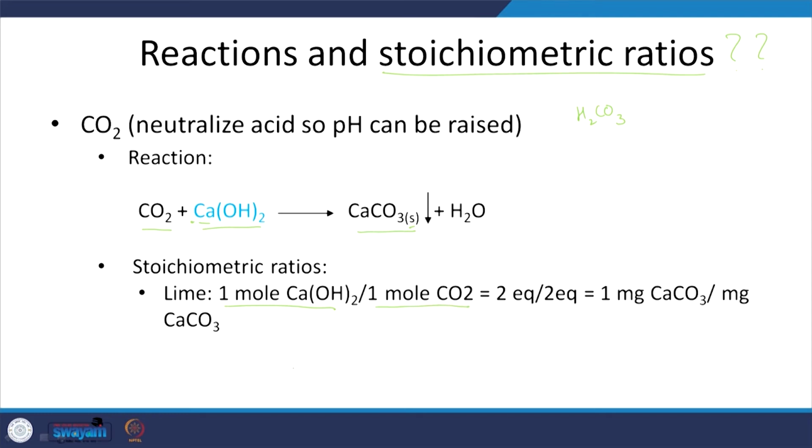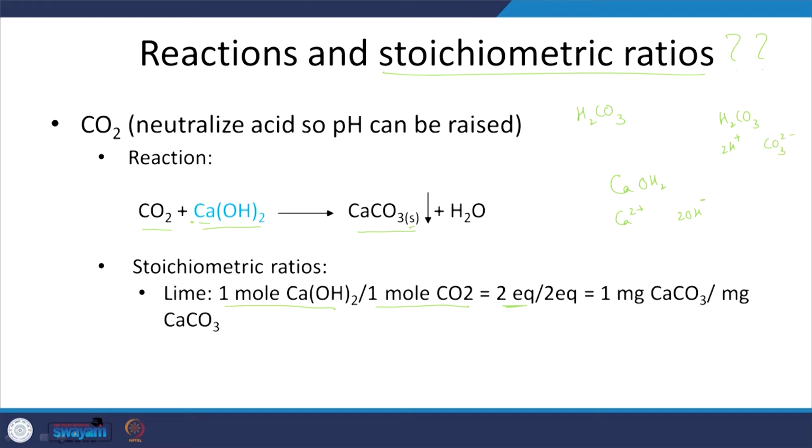Here if we look at it with respect to charge, Ca(OH)2, right, it is either Ca2 plus, 2 charge or 2 equivalents, or 2 OH minus, right, 2 again charge equivalents. So, here it is 2 equivalents with respect to Ca(OH)2, and also CO2 I know is H2CO3 in solution. So, it is either 2H plus, again 2 charge or equivalents, or CO3 2 minus.